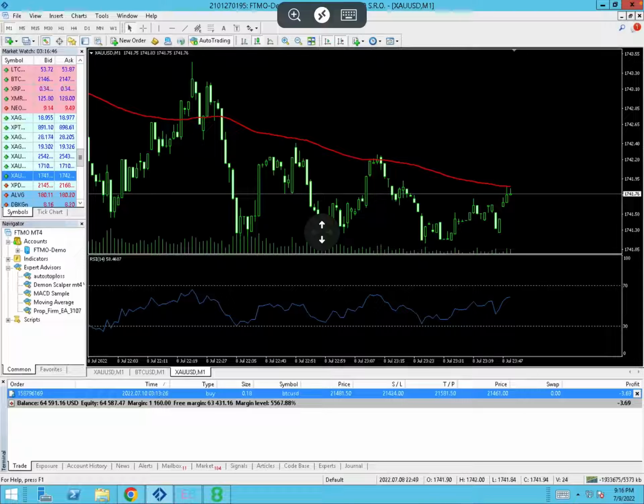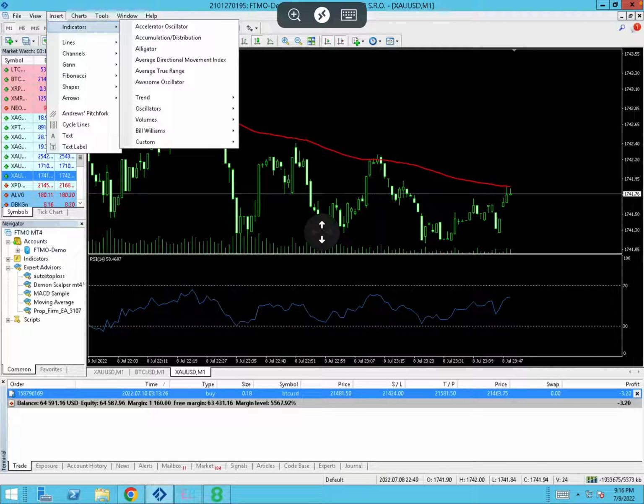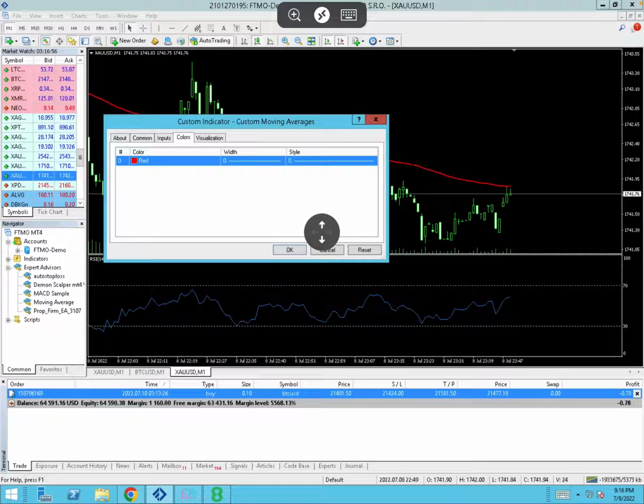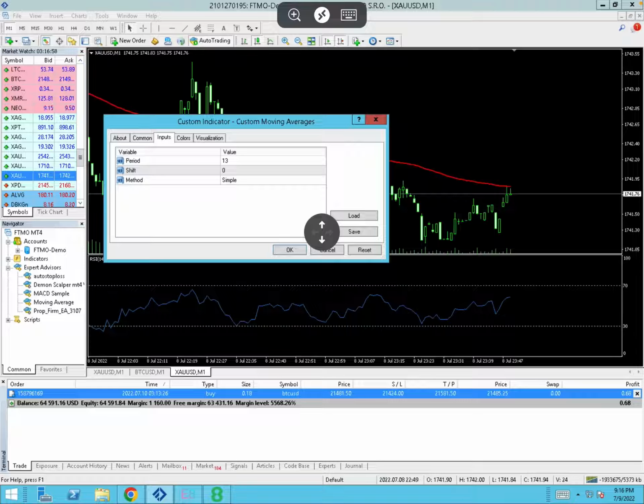So now we're going to need to put in 2 more of them. Insert, indicators, custom moving averages. Our inputs. Our next moving average time for sky blue should be 12. These are all in the description, so we're going to put 12 here.